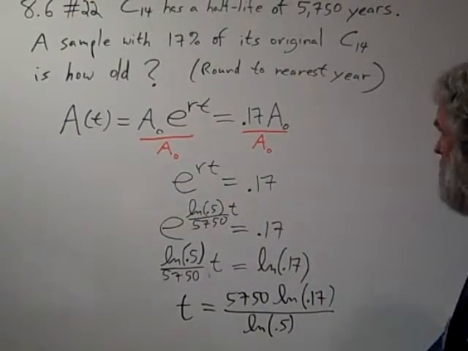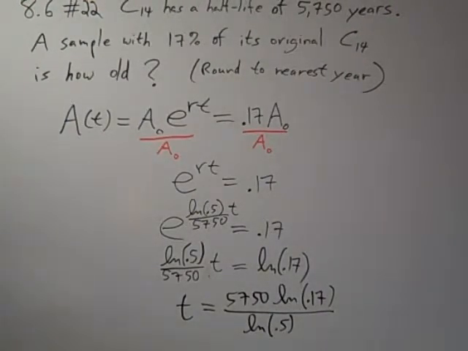Let's calculate this, see how old that sample is. So we have 0.17. Take the natural log of that and multiply that times 5750. Then divide that by the natural log of 0.5.